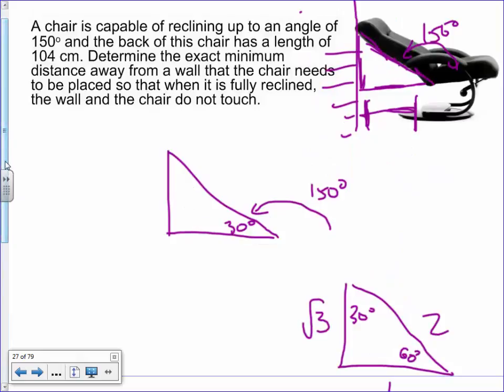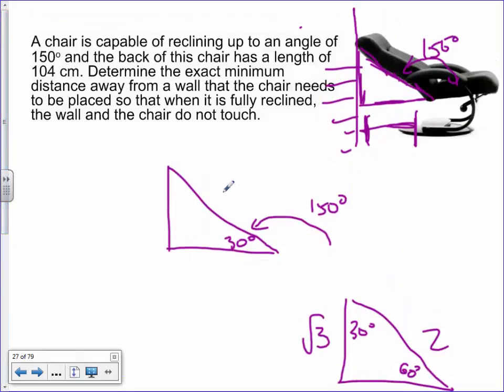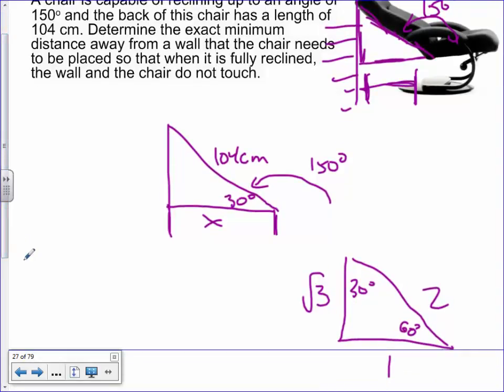Okay, so back to my question here. Basically it tells you that the chair is 104 centimeters, and we're looking for x right here, the distance the chair has to be away from the wall. To solve that, we used SOHCAHTOA: sine, cosine, or tan. If 30 right here is my angle, this side would be opposite, this side would be adjacent, and this side would be hypotenuse.